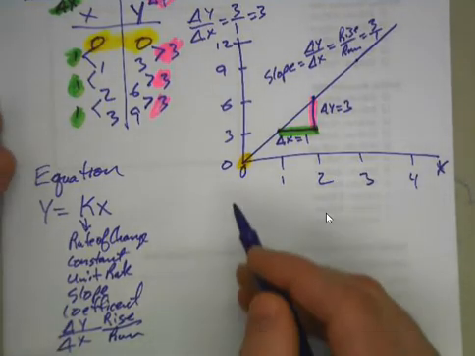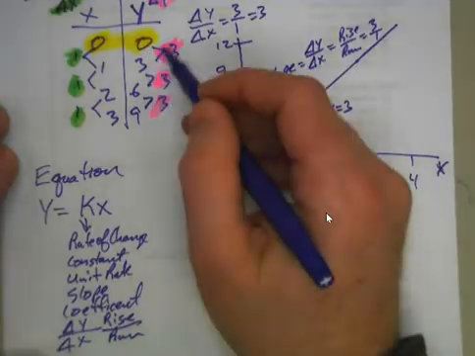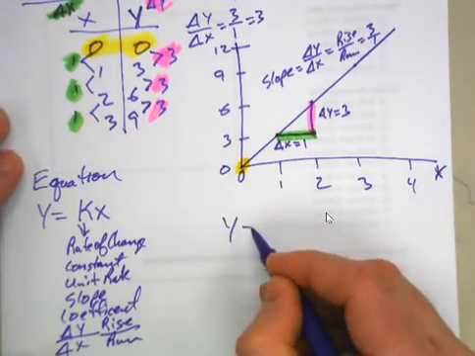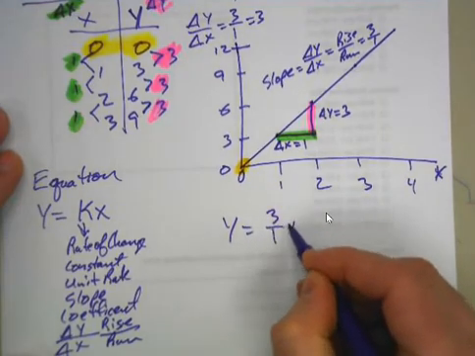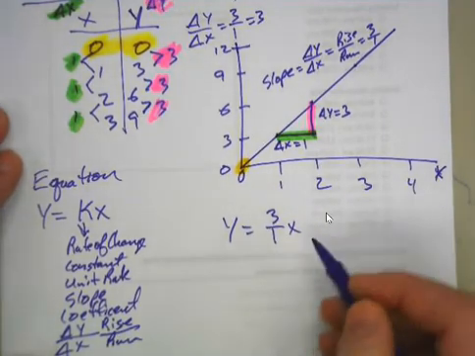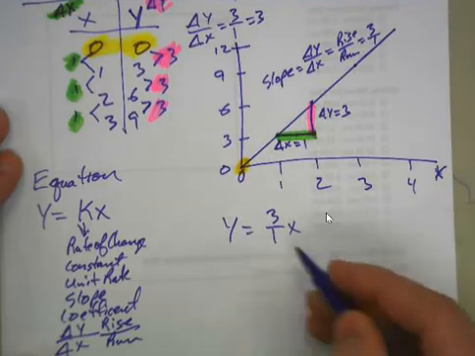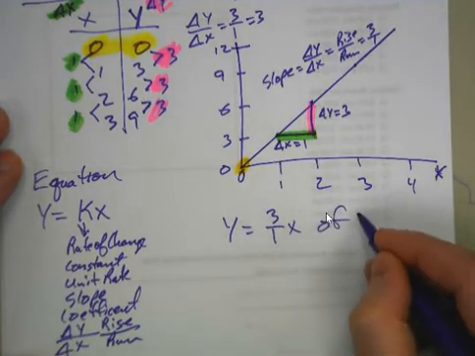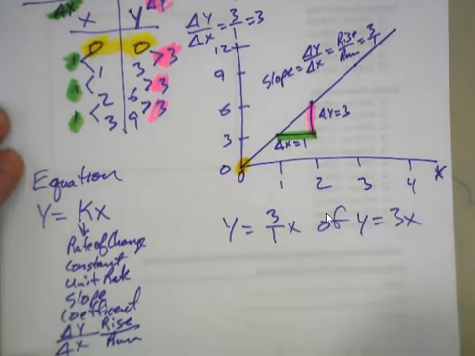So when we write the equation for this line right here, described in this table and in this graph, you would get y equals 3 over 1x, or you might do the division over here and write y equals 3x. Today, we are going to introduce linear relationships.